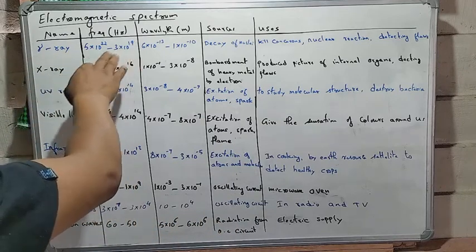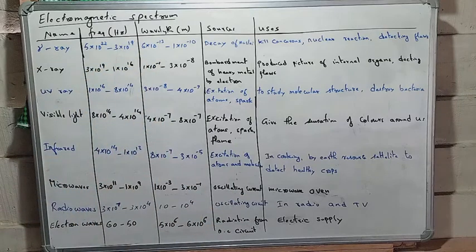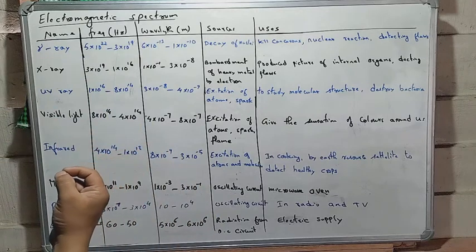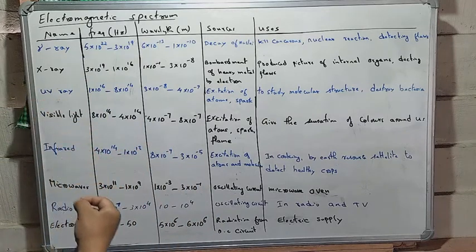Though they have different frequencies and wavelengths, the common property is the velocity. No matter whether they are waves with high or low frequency, these waves always travel with the speed of light.